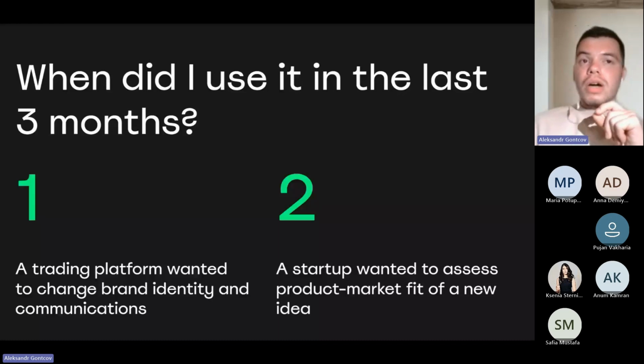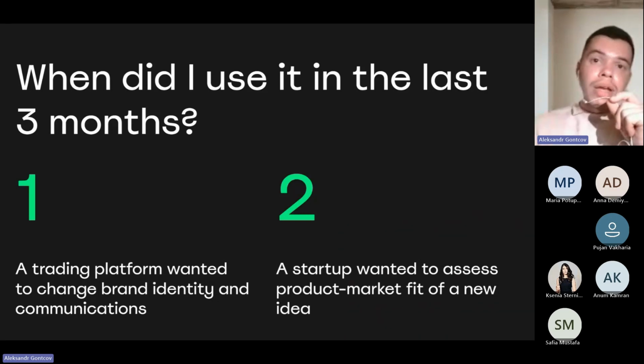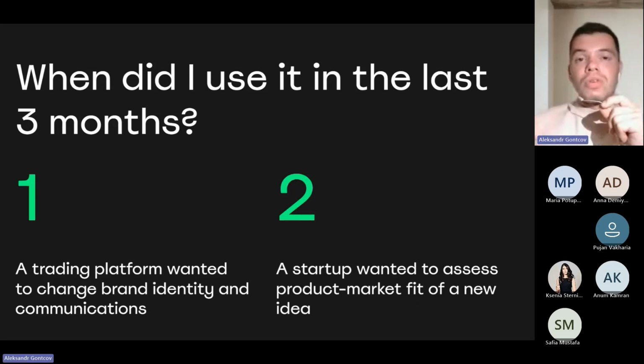The first case was about a trading platform that wanted to change brand identity and communications. To be fair, their product was absolutely outstanding, it was fascinating. But the communication, the brand pillars and the brand identity were the growth point for them.